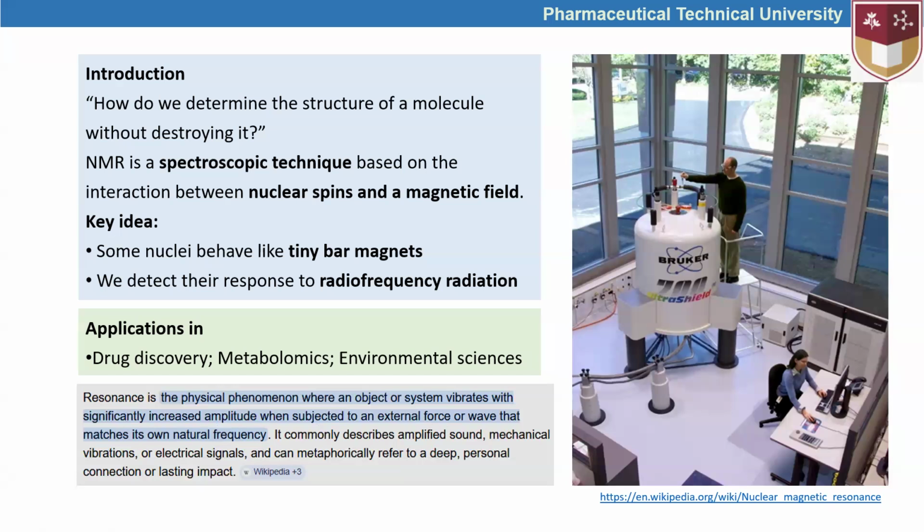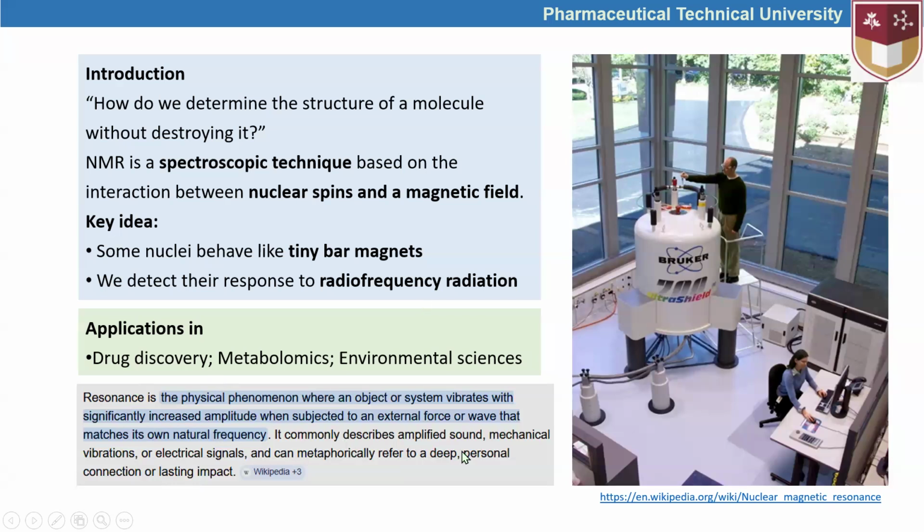Based on those specific signals, we can find out about their belongings, and so we can find the different functional groups that make up the compounds.